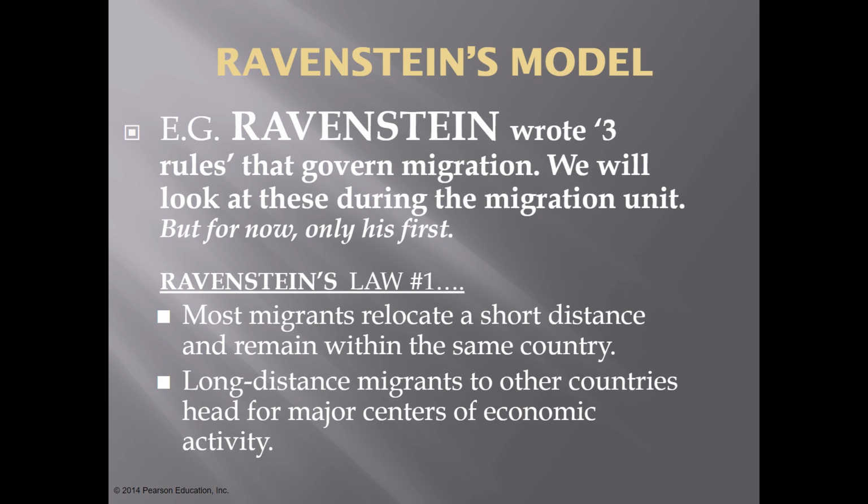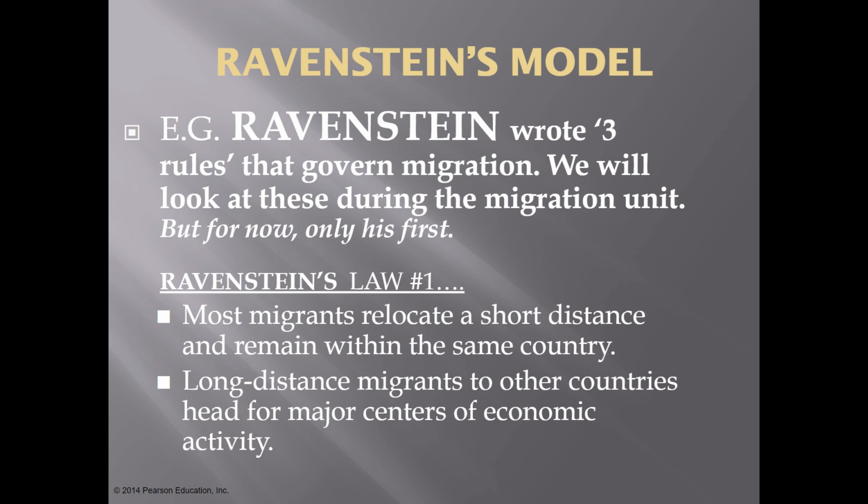So again, if we're summarizing Ravenstein's first law of migration, most migrants move short distances, most migrants stay within the same country, but when they travel longer distances and leave the country, they tend to move to large population and economic centers, big cities, because there's more available jobs, there's more people to blend in, there's more folks that probably came from where they came, so the transition to this new place will be made a little bit easier.